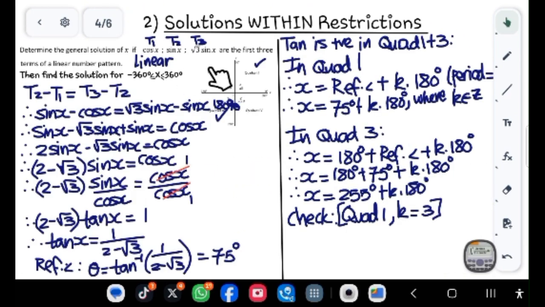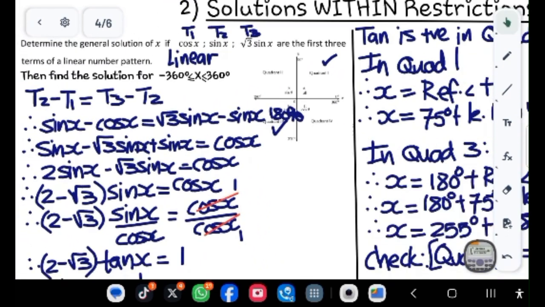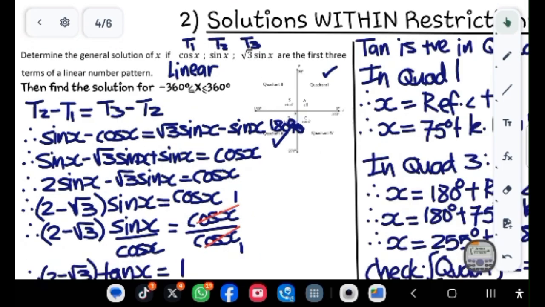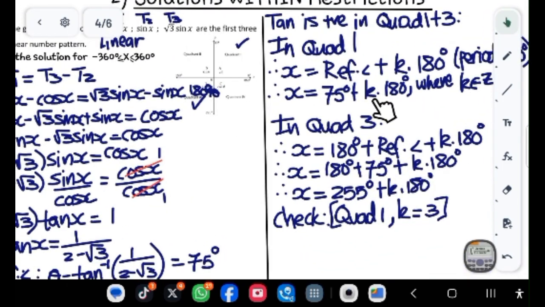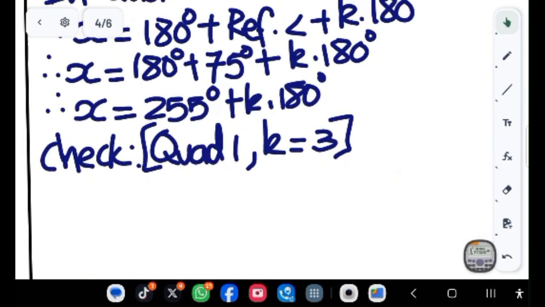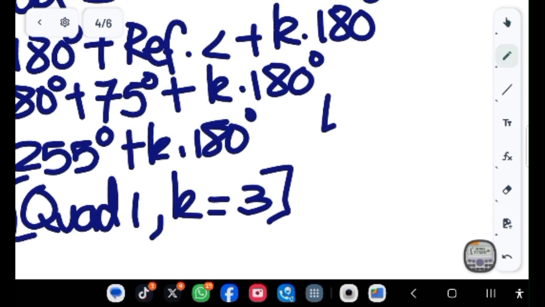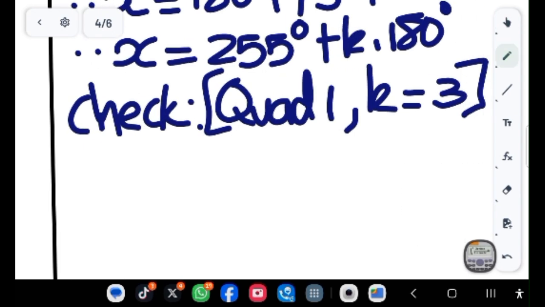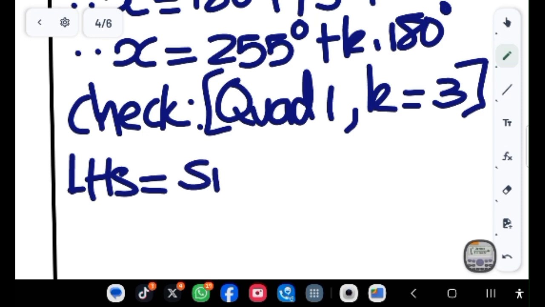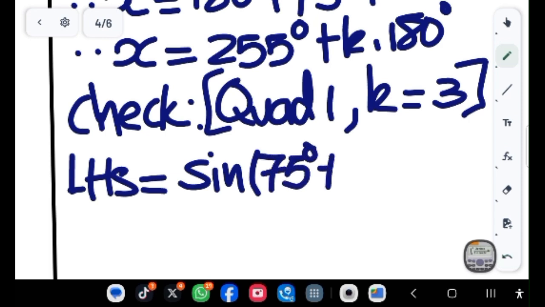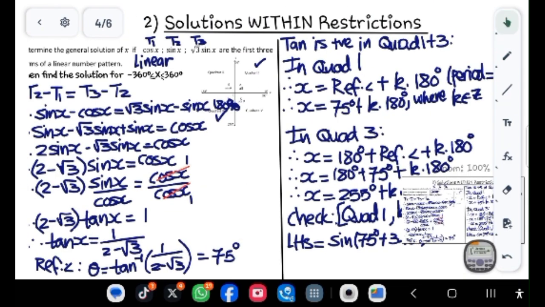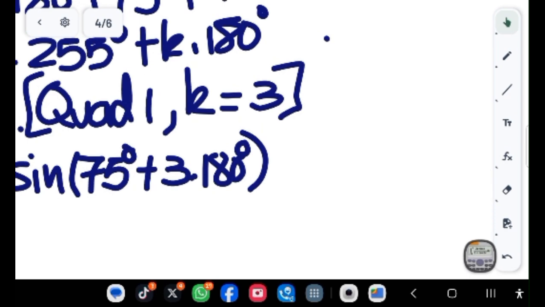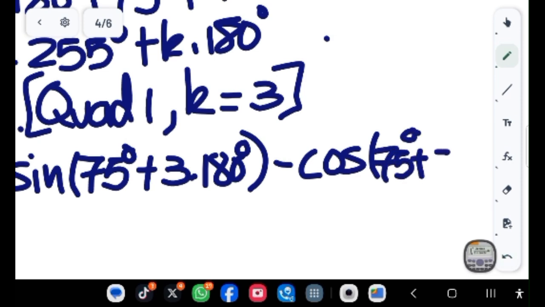On the left hand side, that will be sine of 75 plus 3 times 180 degrees minus cos of 75 plus 3 times 180.